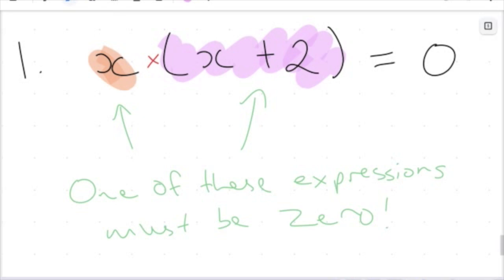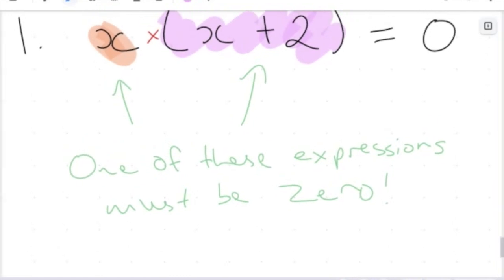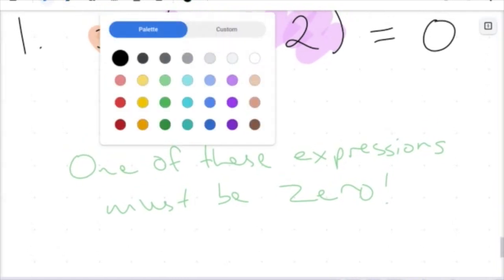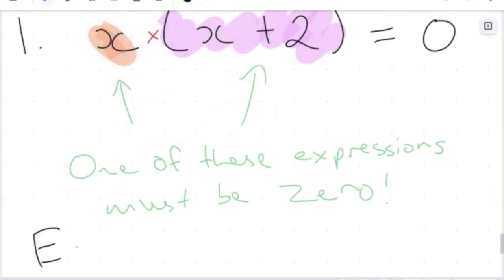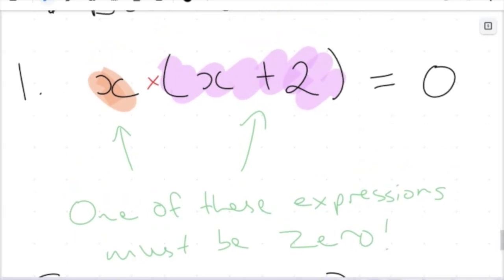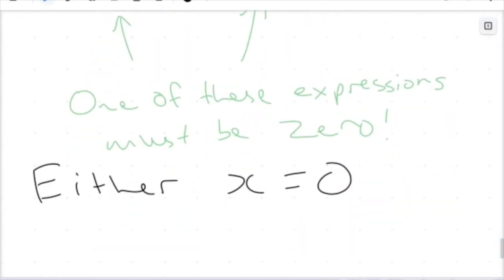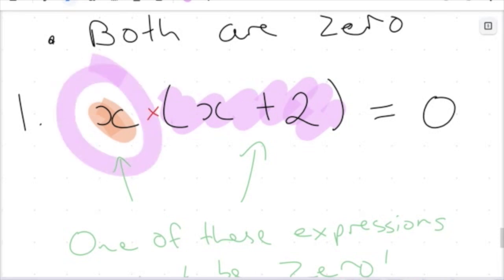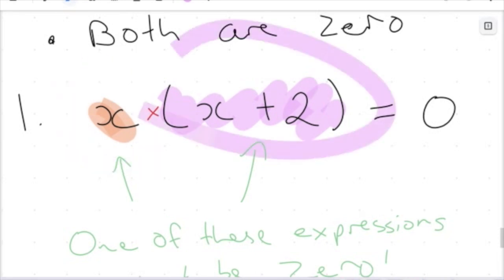So for this to be true, either x has to equal 0, because think about it, if I substitute 0 into here, so one of my solutions is going to be x equals 0. Why? Because it's multiplying by this expression.